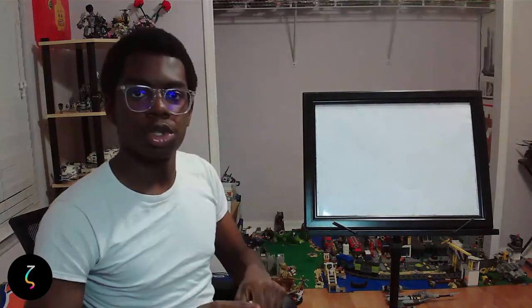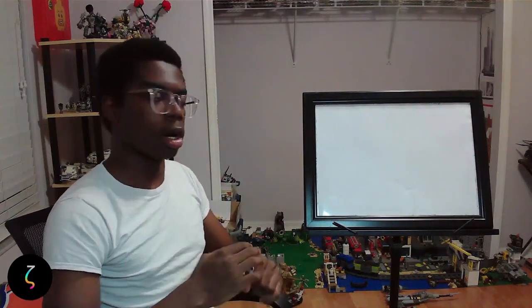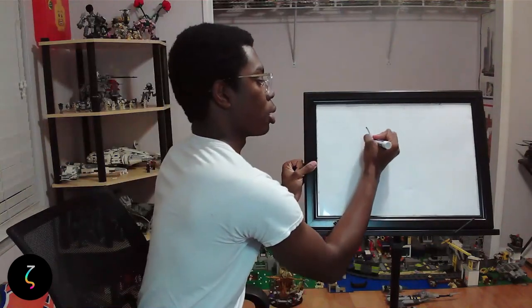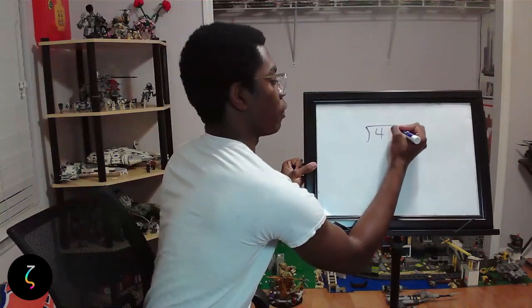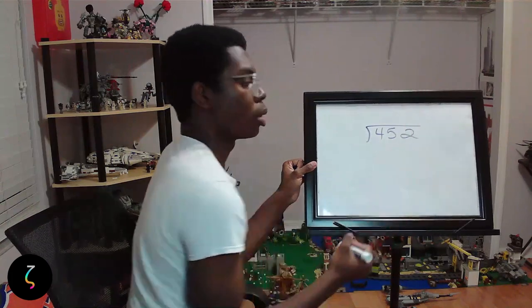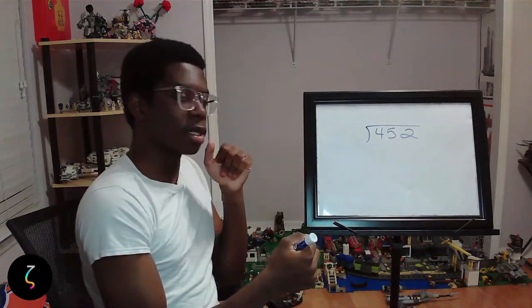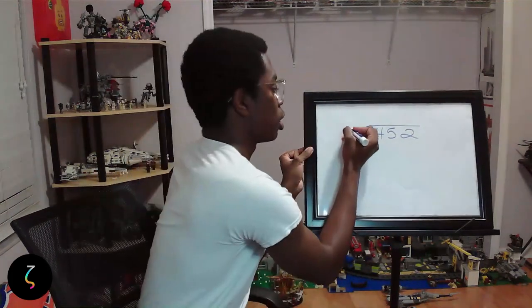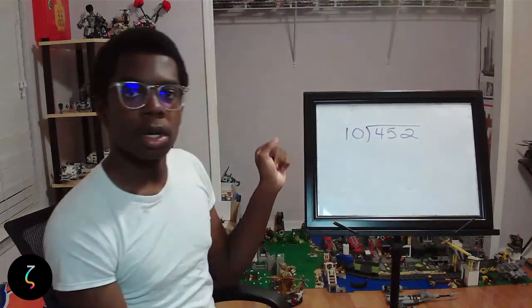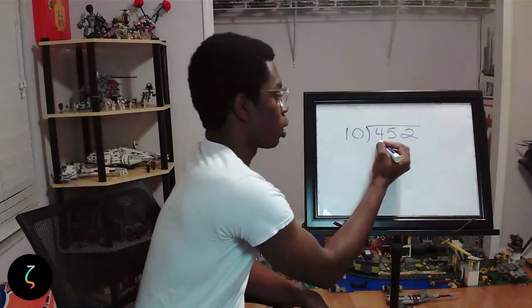I also want to stress to you all to not be scared if something doesn't go into one of your terms. So let's go back to 452. And let's divide this time by 10. So we're going to put the 10 on the outside. So you're going to start and go to this first term, right?